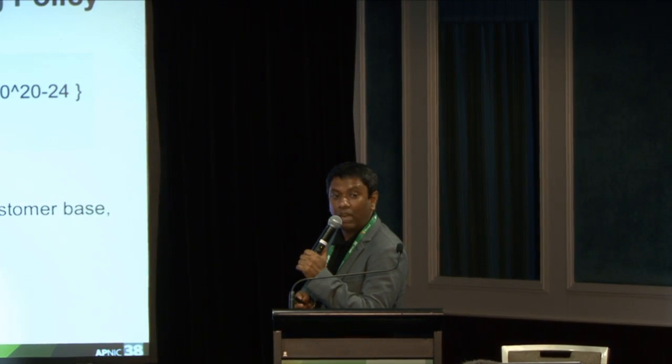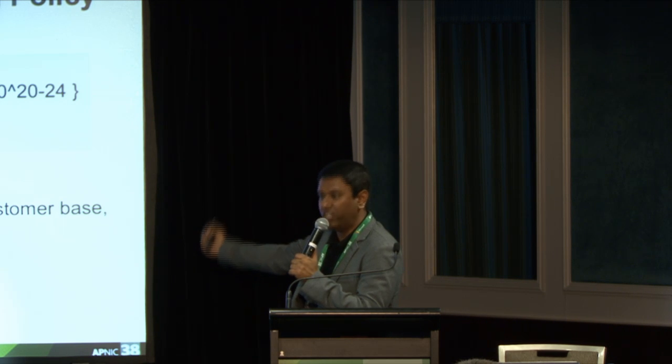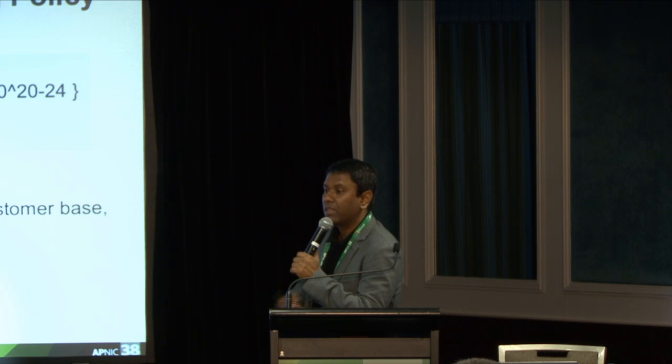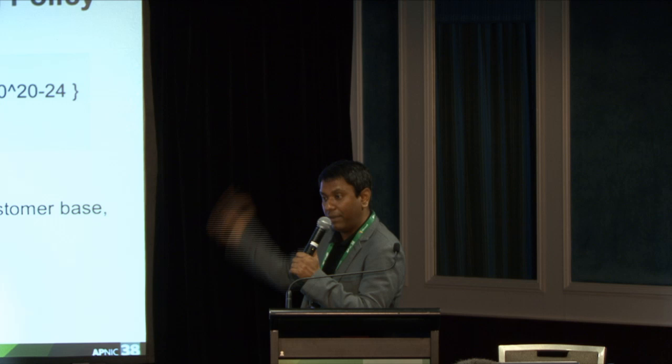In AS path, we just check the origin AS. Whatever prefix is coming from this origin AS, we accept it. And if that AS is sending any wrong prefix, by mistake or by intention, those will be allowed as well. In the previous one, did you see the AS path?